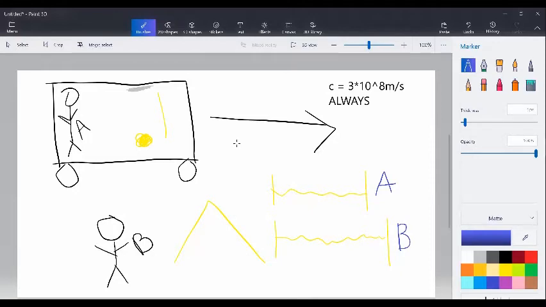Now, we all know that the speed of light is constant no matter the observer, and according to this hypothesis, different lengths of space were traversed by the light.